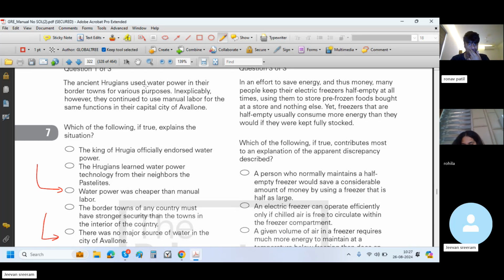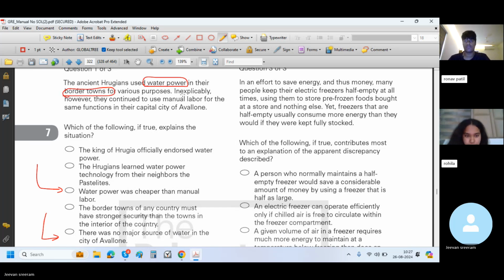So they are actually using water power, maybe hydropower, at border towns. They continue to use manual labor for the same functions in their capital city, Avalon.